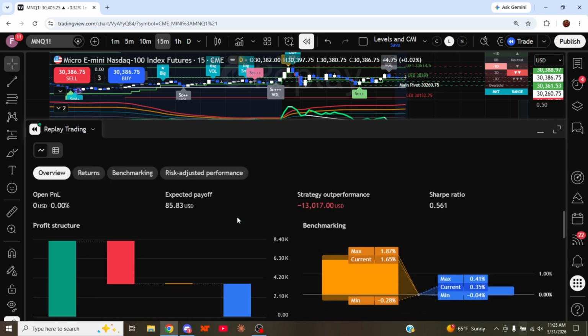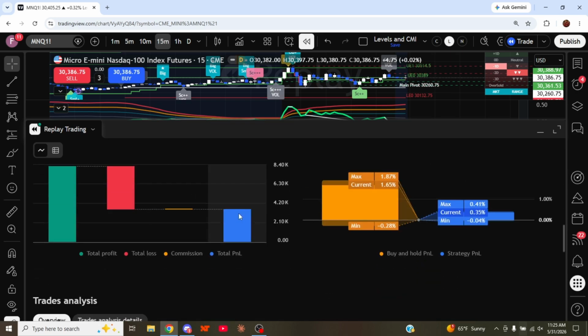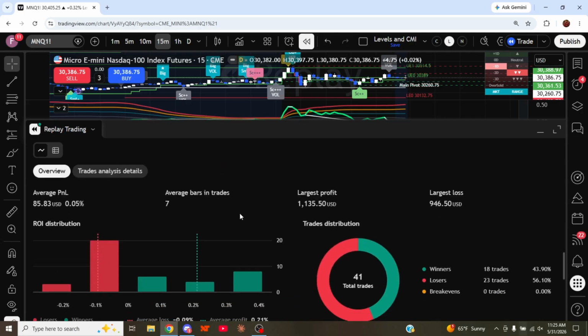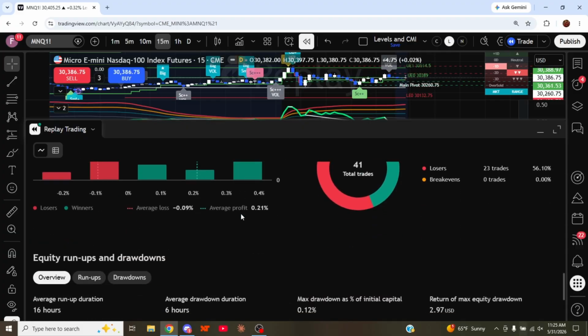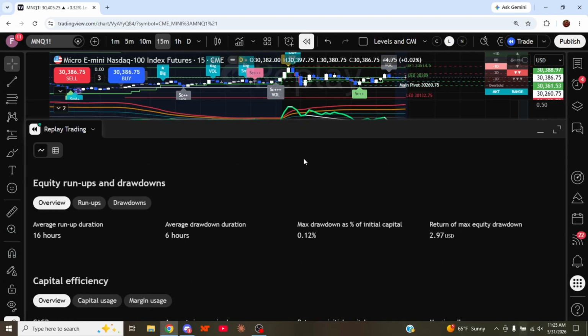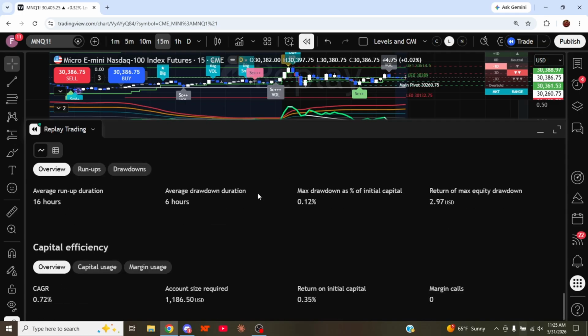Hit that one trade. Profit structure, max current, trades analysis. 41 trades, only 18 winners, 23 losers. That's the thing with this system, it doesn't need to win more than what it loses. You can lose more and you can still end up profitable.